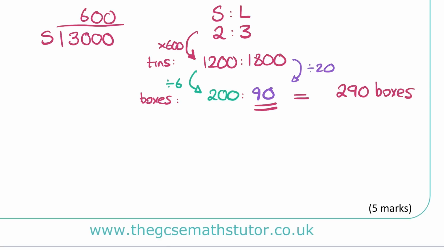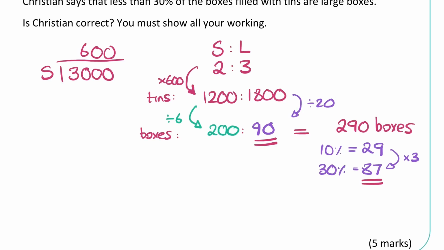Now 10% of that would be 29. We want 30% to make this comparison, so we want to multiply this by 3. 3 times 9 is 27, 3 times 20 is 60, so that comes out as 87. And that gives us a good indicator that we're doing the right thing, because we're very, very close to 90 there. So 30% of the boxes is 87, but we have 90.